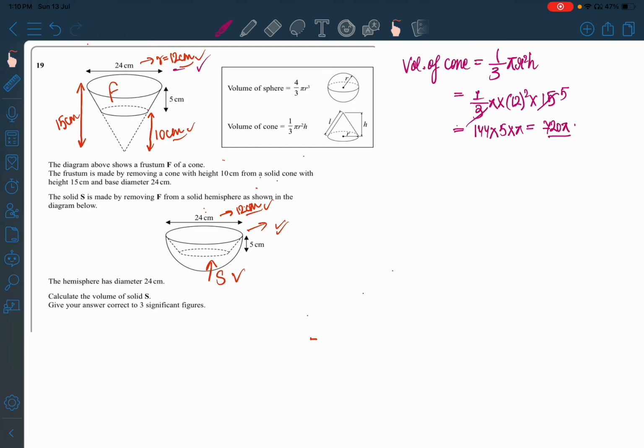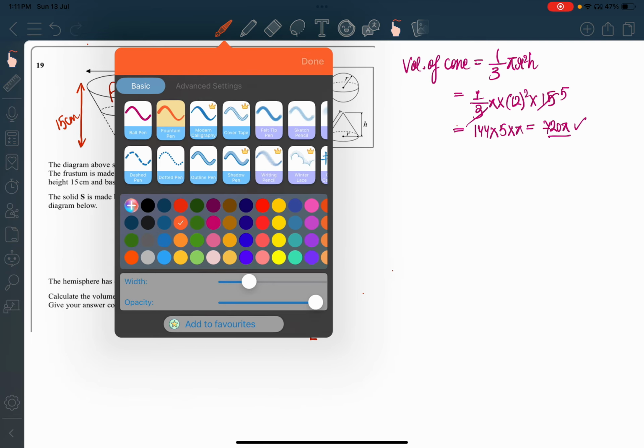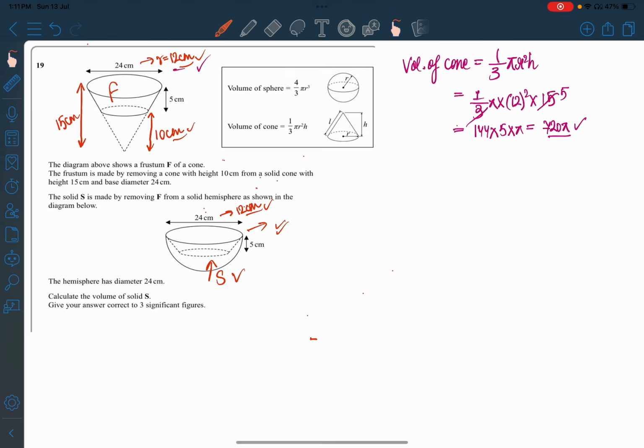We can put the value of pi afterwards. Now we have found the volume of the cone. Now we should go to step 2.